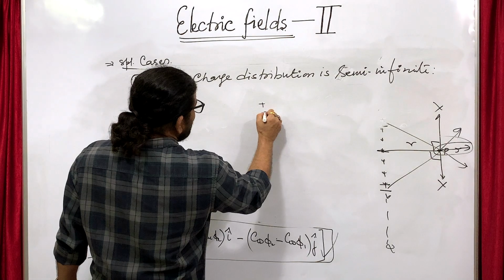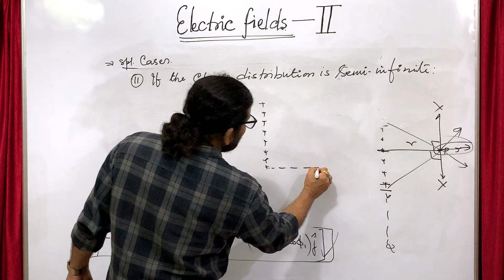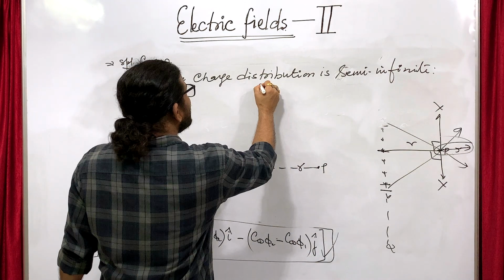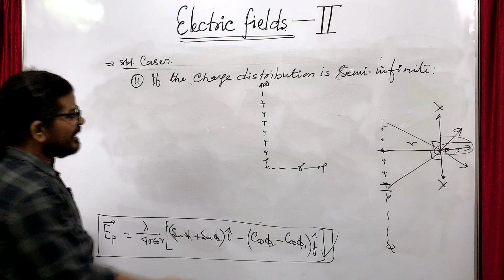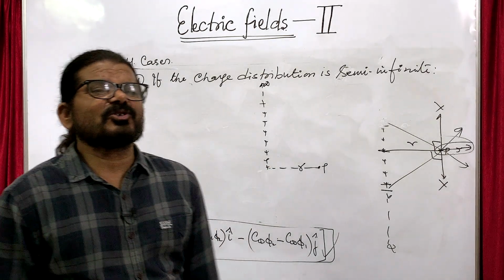See, we have taken a point at a distance r, and this is going up to infinity, and here downward the charge distribution is not there.